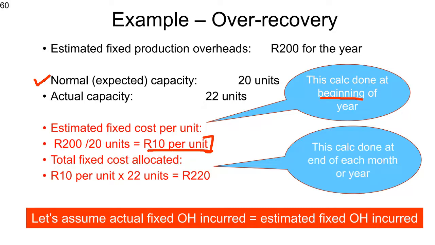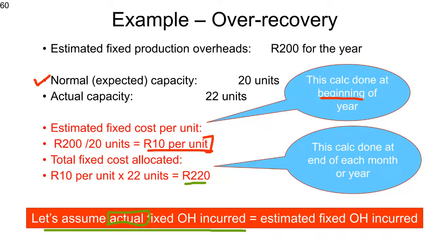We then allocated during the year, throughout the year, a little bit every month, a little bit every time. We allocated 220. Now it says here, let's assume that our actual fixed costs always equal our estimated fixed costs.